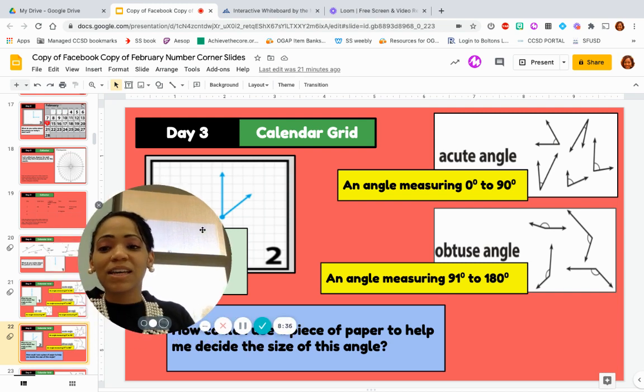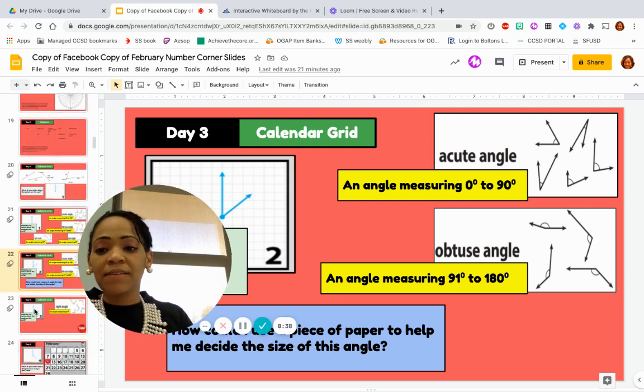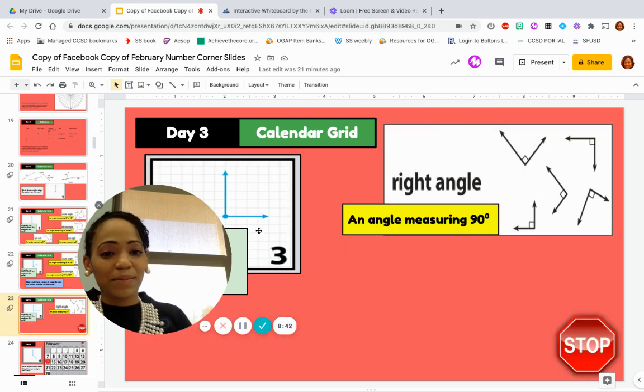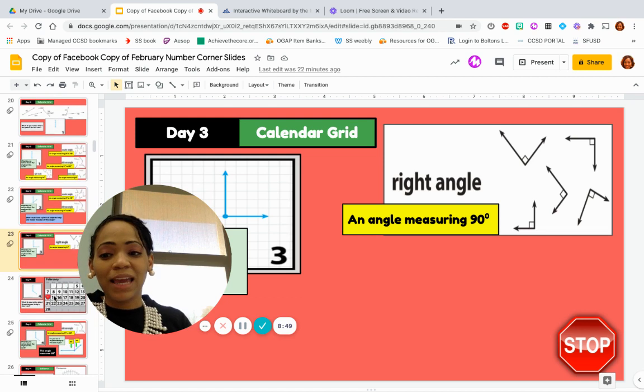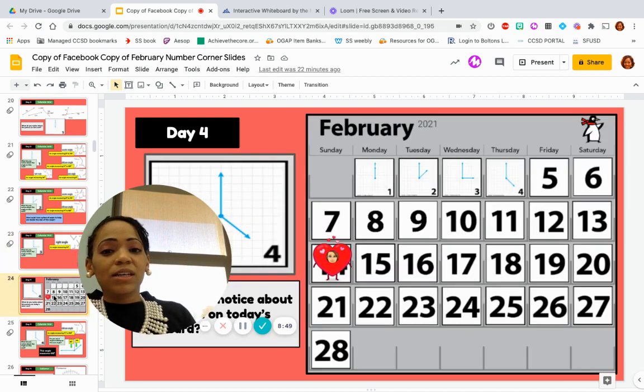So this angle is a 45-degree angle. And we already know what type of angle this is, but I'm going to ask you once again. It is a right angle. So let's look at the next day.